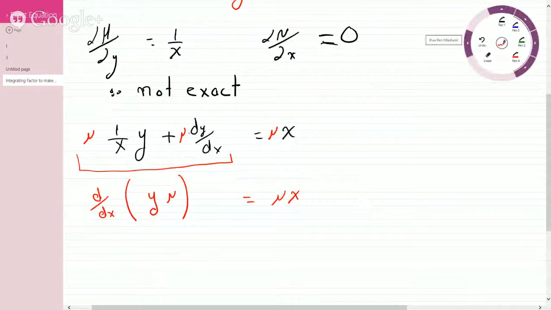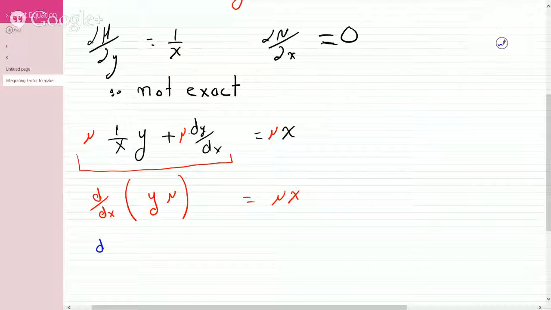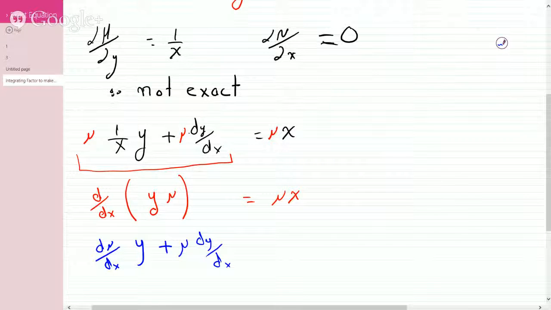Let me show you what I'm saying. If I were to do the product rule on this again, I would get d mu over dx times y, you follow? Plus the derivative of the first, which is dy over dx, times mu as is, equals mu x.